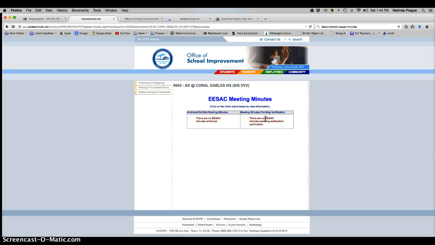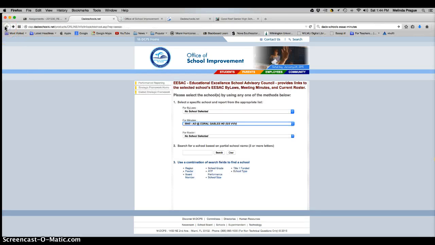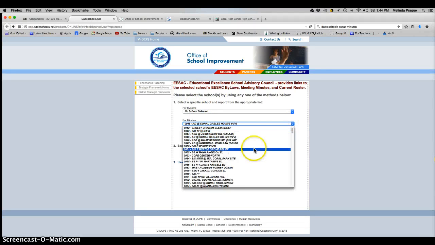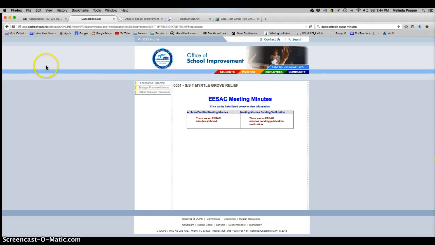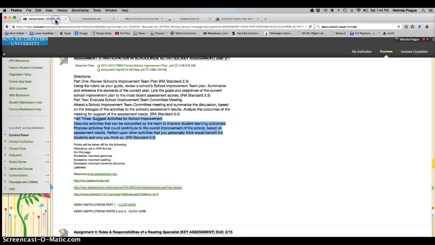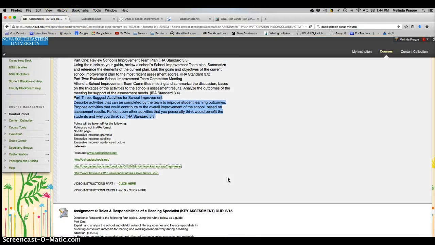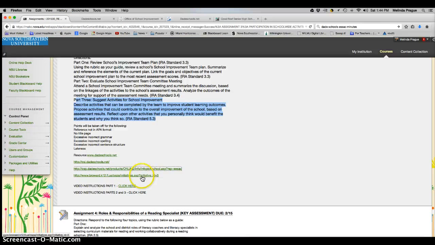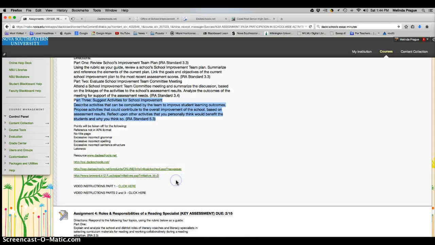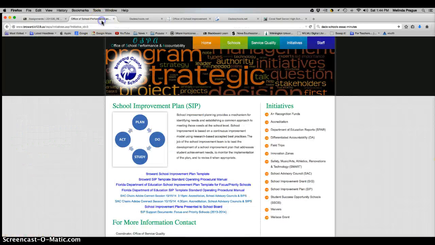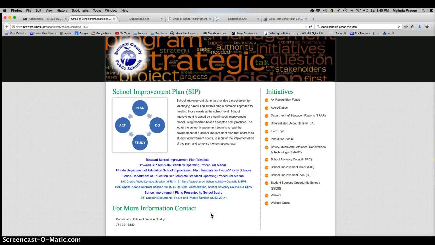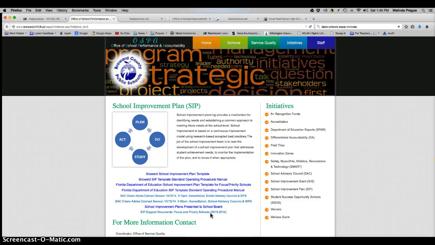Coral Gables didn't have any. So that doesn't help me much. So you have to try a few or be lucky as you go through this search. Again, I picked something that doesn't have it, of course. Okay. And then I gave you a link to Broward schools if that is of interest to you. And they have an excellent school improvement website with the templates that are being used, with the school improvement plans presented to the school board.